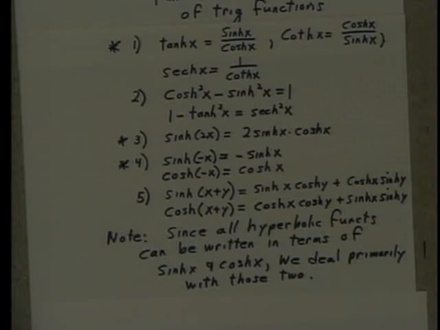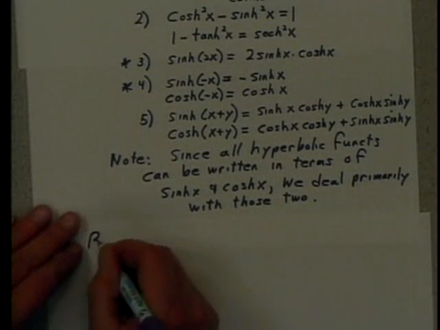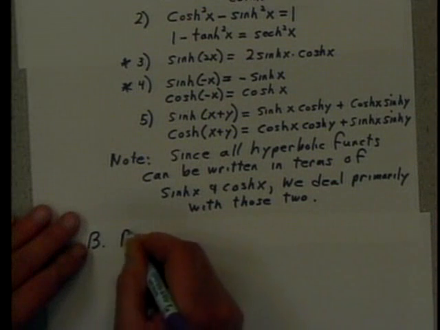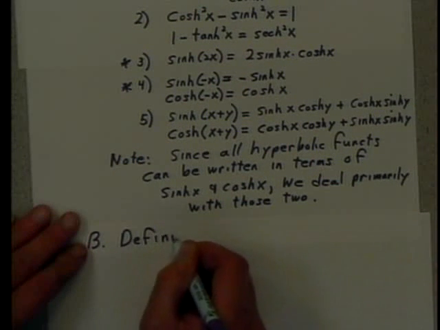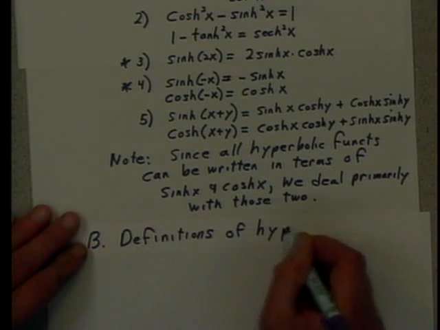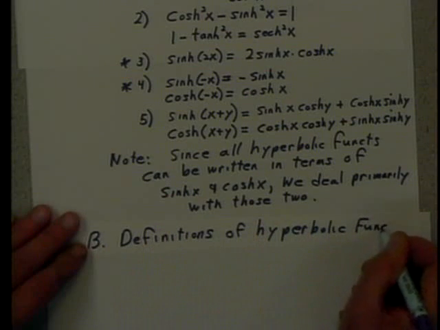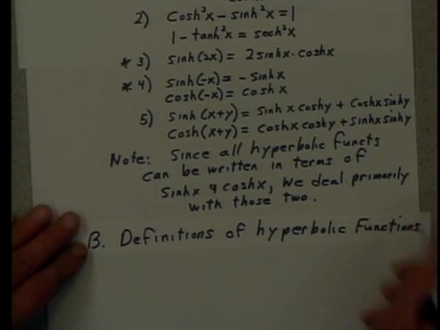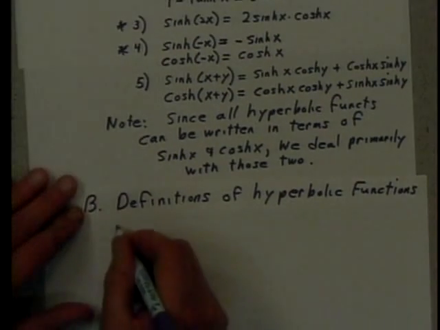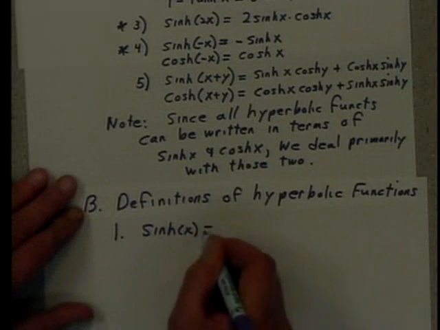Well, actually, these are almost easier to define than the trig, because this is where they come from. So this is finally B, definitions of the hyperbolic functions. What are they? What can I relate them to? Number 1, what really is sinh of x?